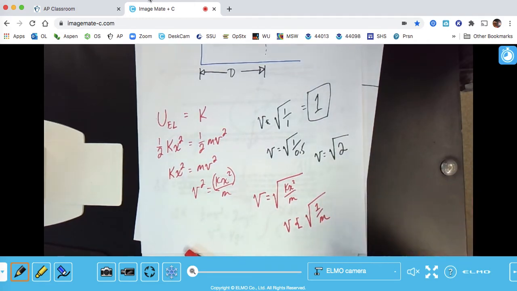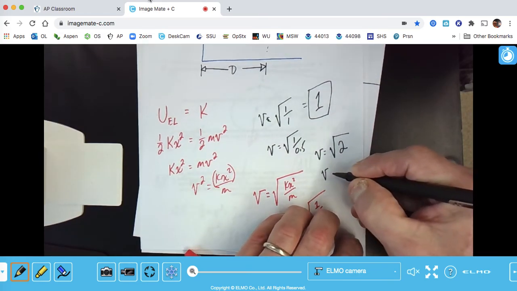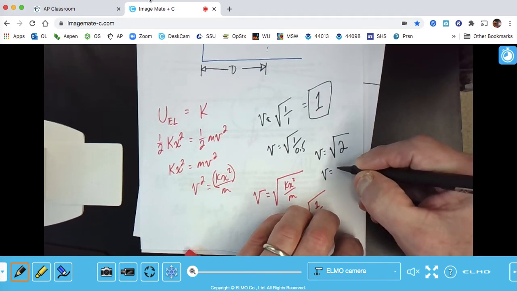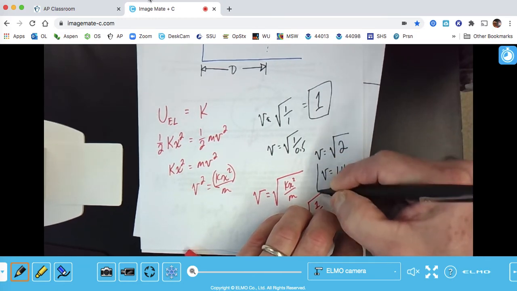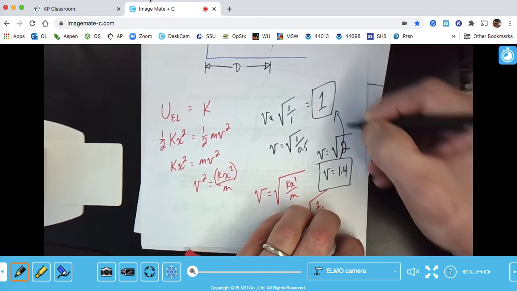Right? 1 over 0.5 is 2. And root 2 is 1.4. So the velocity of the second launch is 1.4 times faster than the first launch.